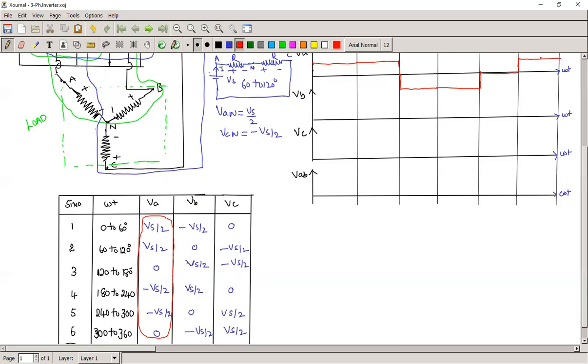Now the B phase. When you come to the B phase, minus Vs by 2. So here this is minus Vs by 2, then 0, then plus Vs by 2.